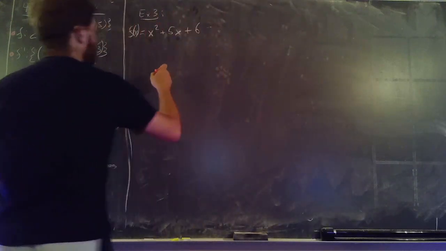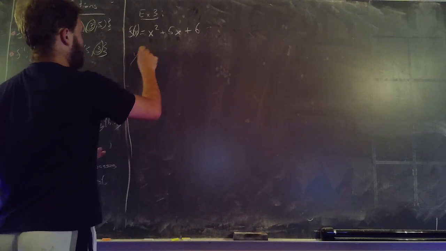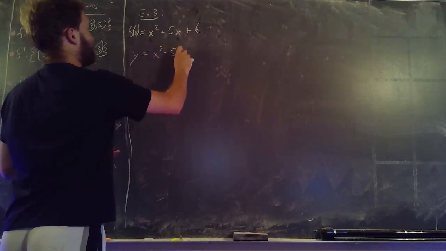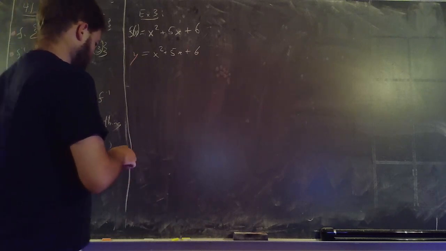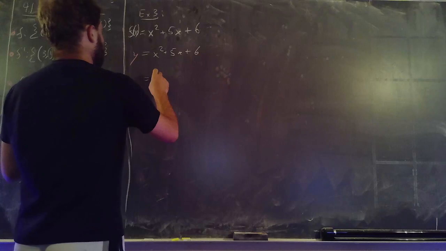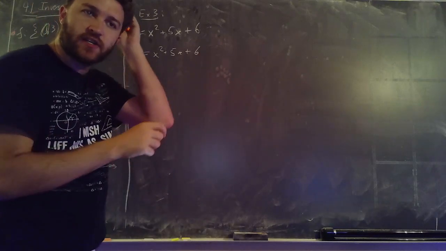So the general procedure, if you don't know how to complete the square, is we're going to replace f of x with y. The next thing we're going to do is switch the location of x and y.